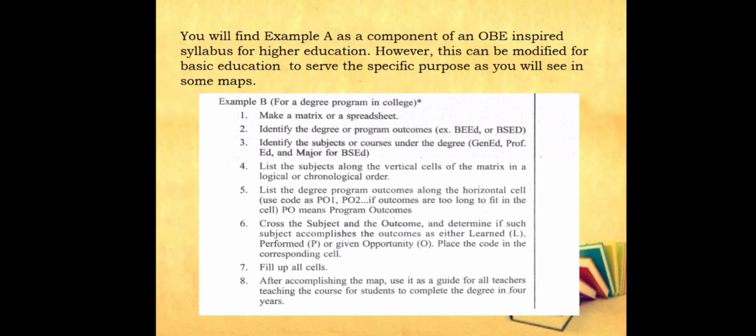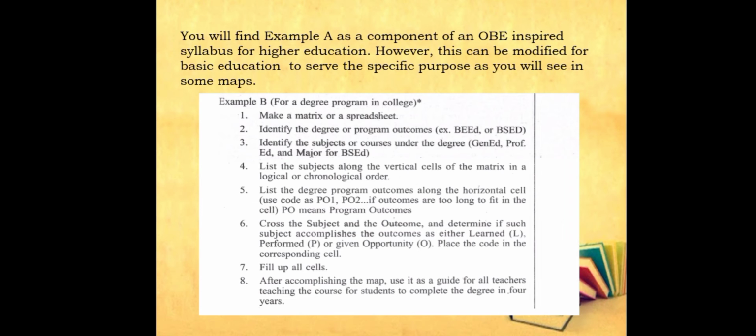Identify the degree or program outcomes. Examples for this are BEED or BSED. 3. Identify the subjects or courses under the degree: Gen Ed, Prof Ed, and major in BS Ed. 4. List the subjects along the vertical cells of the matrix in a logical or chronological order.